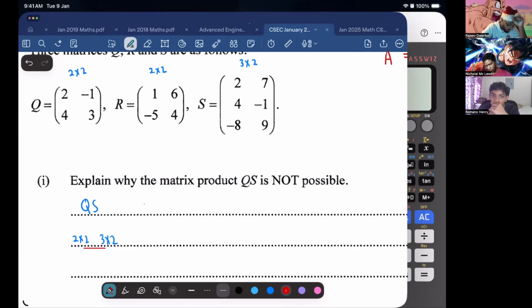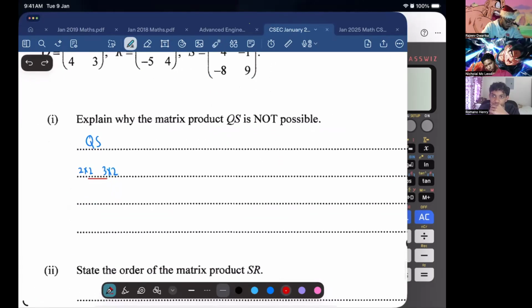You don't have to add the part saying QS is not possible, because it's understood that QS is not possible. They say that, so you can jump straight into it.